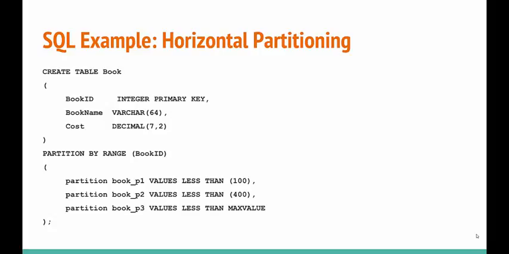So really what we're doing here is creating a single table called book, at least that's how the end user will see it. But under the covers, at the physical level, we're actually creating three copies of the table book and separating the rows into those three tables, or three buckets as you might call it, and throwing different records into those buckets. This is designed to gain efficiency for one reason or another, depending on the data set, but it can be a powerful tool. That said, it can also be a complex tool, so use it with caution.